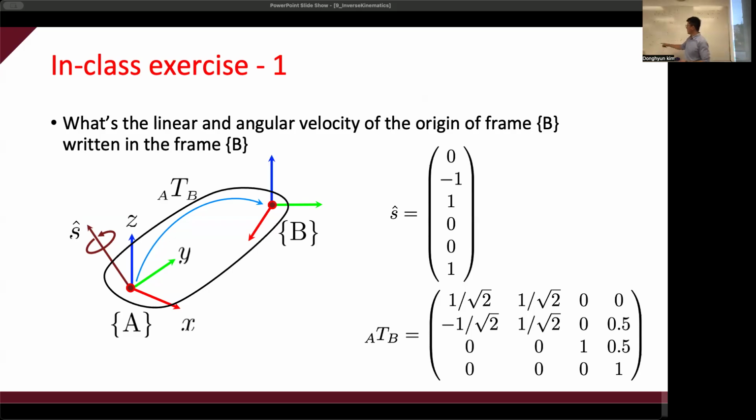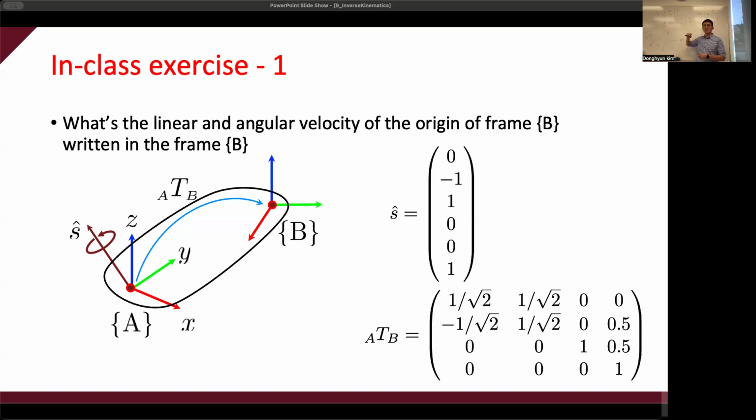So I want to describe this vector in this frame. That's the goal. So then I need the orientation of frame A from the frame B. So that's why I need the rotation matrix from B to A, not A to B.